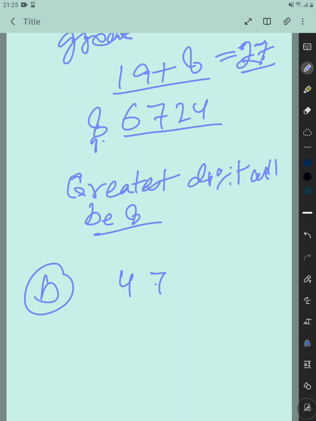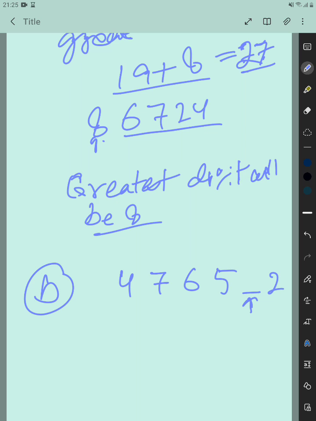Now the B part is 4, 7, 6, 5, then a blank, and then 2. The tens place digit is missing. For divisibility by 3, as we have already explained, you sum the digits, and if the sum is divisible by 3, then the complete number is divisible by 3.